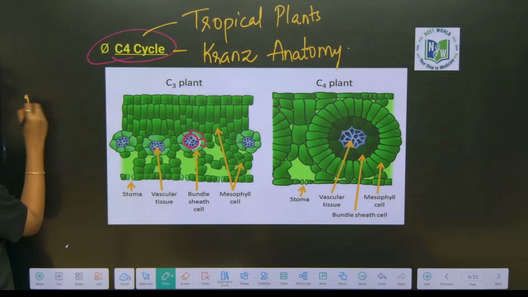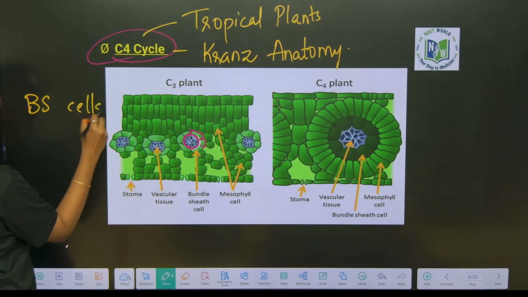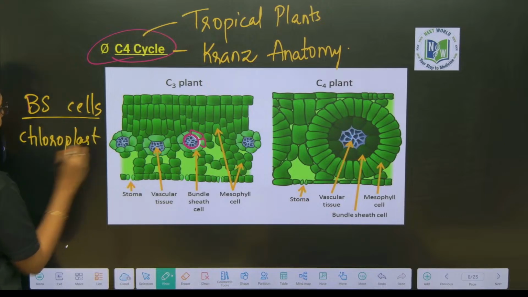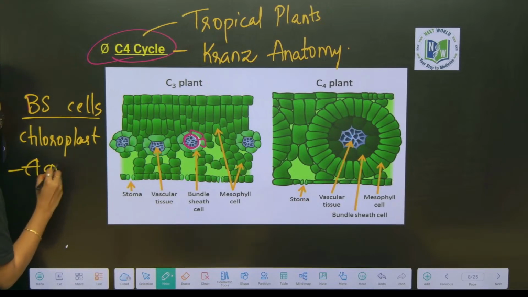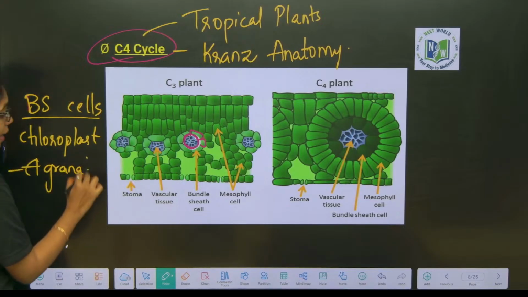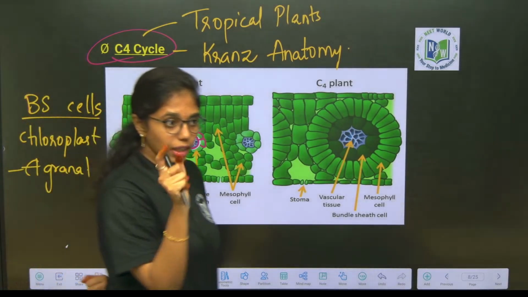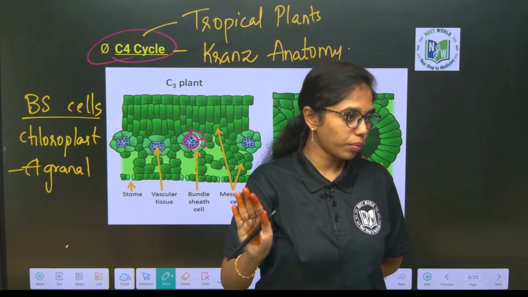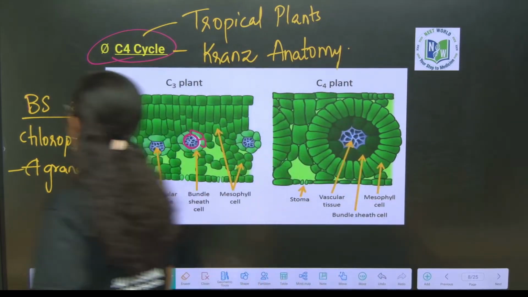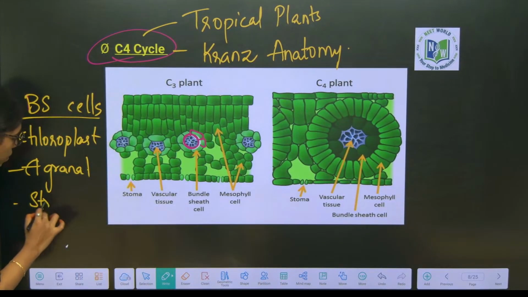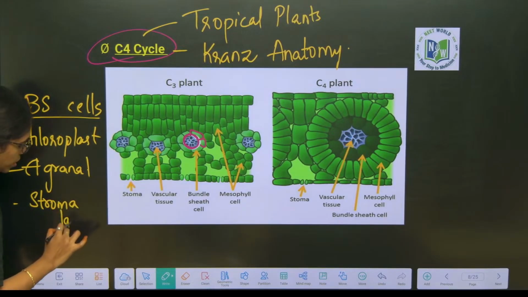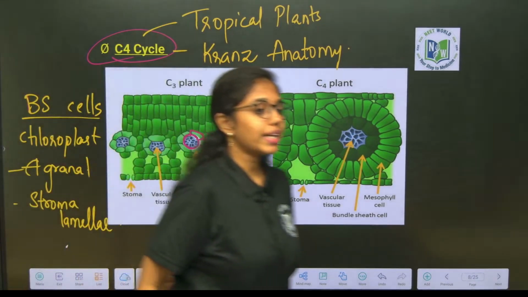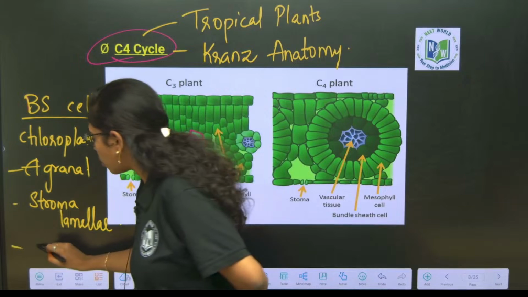This chloroplast is agranal. No grana is present, so there is no stack of thylakoids. It just has stroma lamellae. Enzymes required for the light independent reaction are in the stroma. So it has only stroma lamellae and stroma.